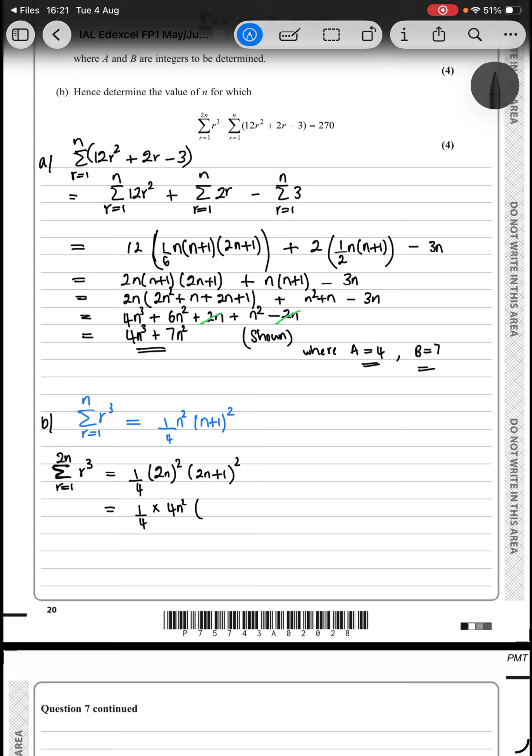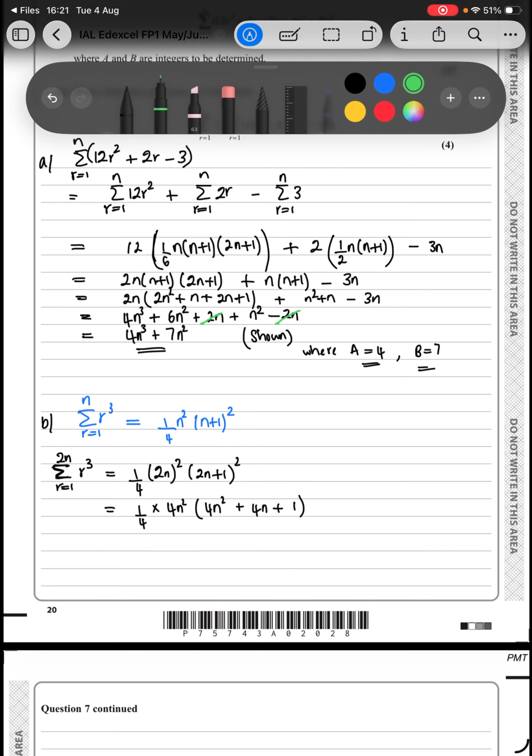So that will be 4n squared times (4n squared plus 4n plus 1), because 2n times 2 is 4n, and 1 squared is 1, and I can cancel these 4's. I'll expand the brackets now.